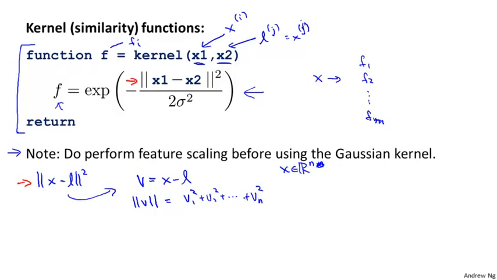So let's pretend x is in R^n and put a square on the left side as well to make this correct.